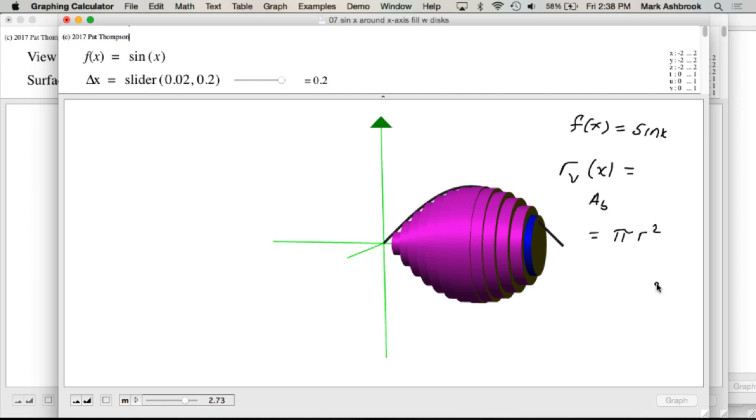So now we just need r. What is r? What's the radius of our disk? The y value, right? It's from the x-axis up to the curve. This is going to be the y value, which is the function of x. So you could write y here, f of x. And then to get that as a function of x, we're going to write pi times sine x squared.